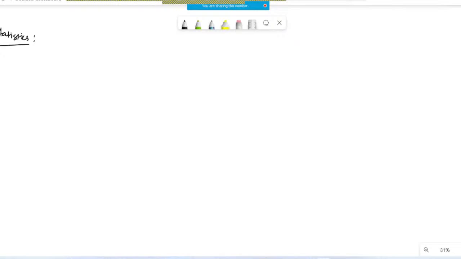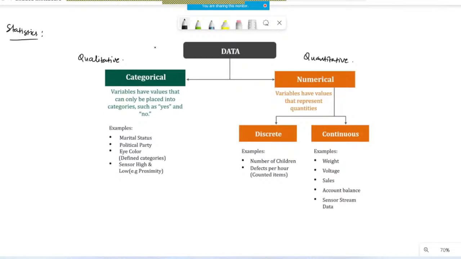Next is quantitative. One is your qualitative part, the other one is quantitative part. The numerical one is quantitative and categorical is qualitative.